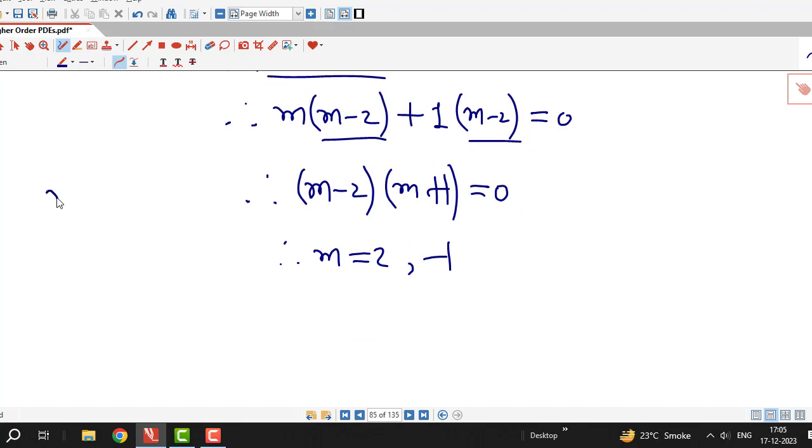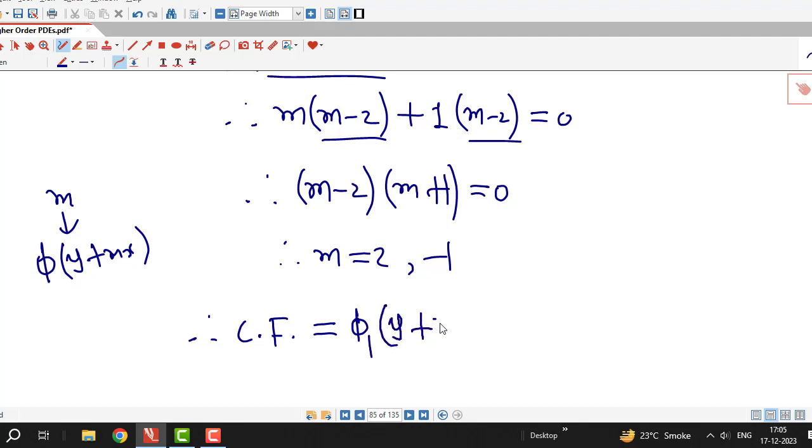And corresponding to the value of m, the part of the complementary function is written as some arbitrary function of y plus mx. So we write two functions corresponding to each value of m. For m equal to 2, we write an arbitrary function of y plus 2x, say phi 1.